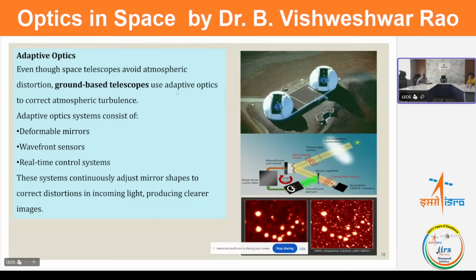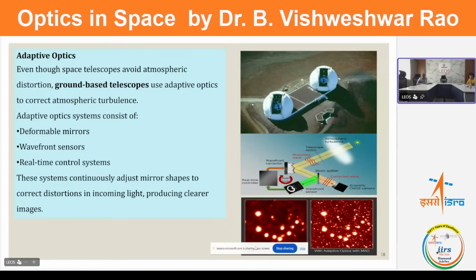It is corrected using adaptive optics, wherein the light signal which comes from the starlight is distorted by atmospheric turbulence, and when it reaches the sensor, there is a feedback loop to the wavefront sensor, which takes a reference star and continuously corrects using a deformable mirror. The deformable mirror corrects the position, annuls the turbulence which has already formed, and images the stars.